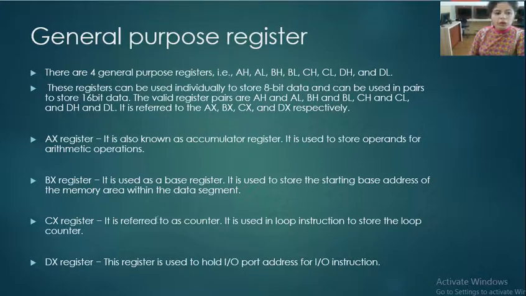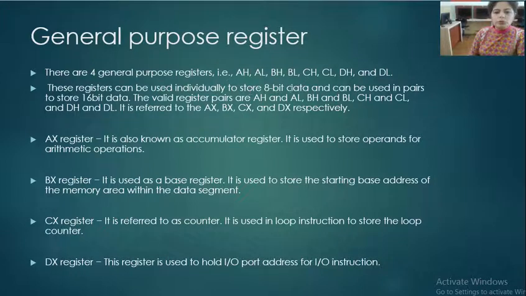So these four are the general purpose registers of 8086, and they are present in the EU part. These registers can be used individually, like AH, AL, BH. If you want to use BL only, you can make use of that.